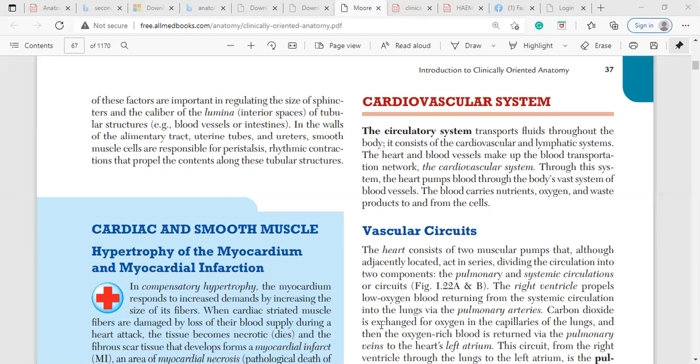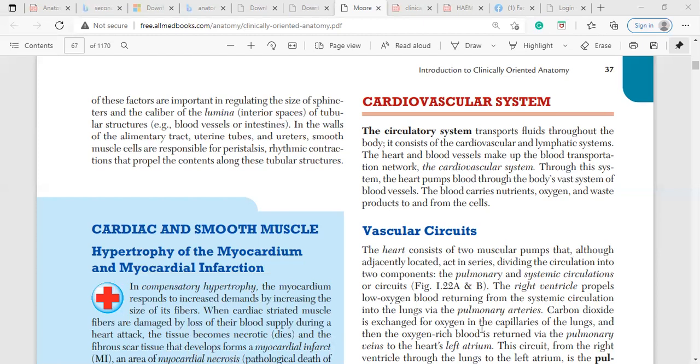So when this blood leaves the right ventricle and goes to the lungs, there is exchange of oxygen with carbon dioxide. So the oxygen you breathe in enters into the blood, while the carbon dioxide in the blood enters into the lungs where it is exhaled. You breathe it out. Okay. Good. So that is the first pump, which is the right ventricle.